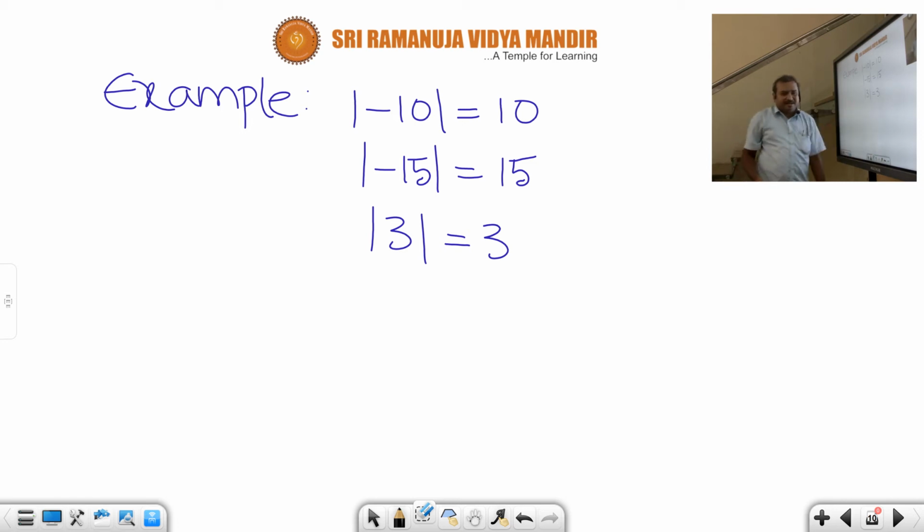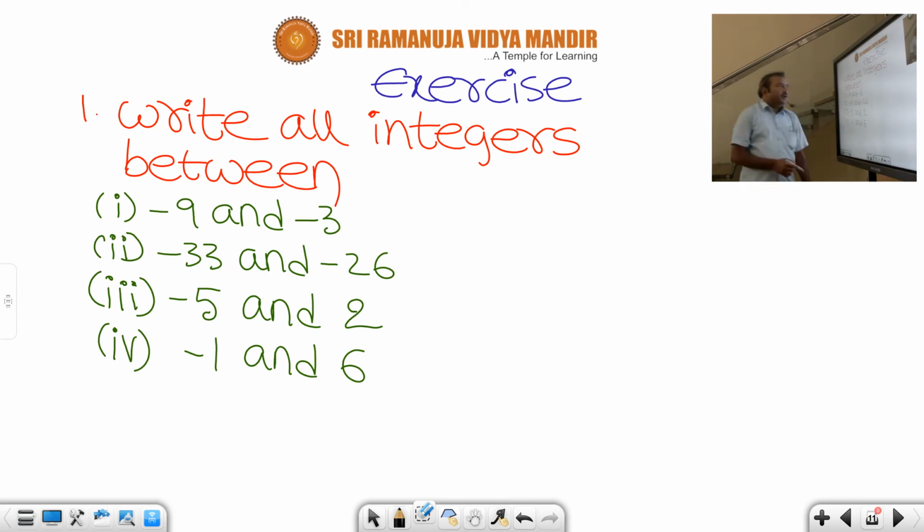Earlier I gave you some examples. Now based on these concepts we will learn some problems. Okay children, see here. Write all integers between -9 and -3. You all know the set of integers.